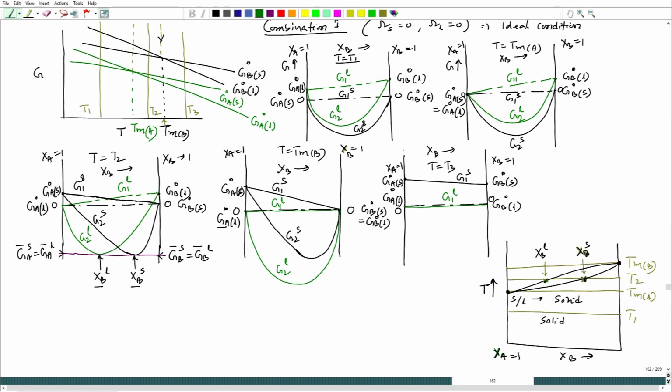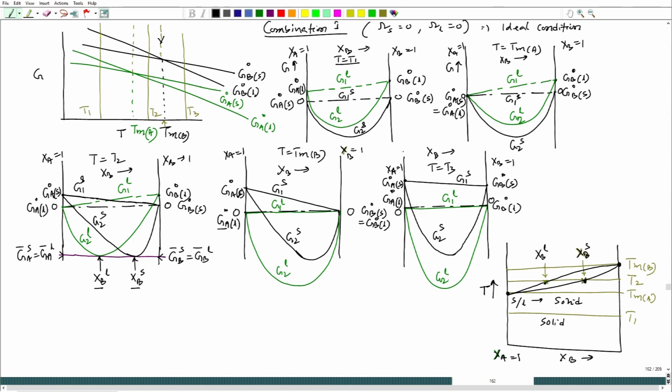Okay. And then if I draw the G2 line, this would be G2 for liquid, this is G2 of solid, this is G2 of liquid. Now, we see at a temperature T3, let us say this is my T3, everything would be liquid solution.